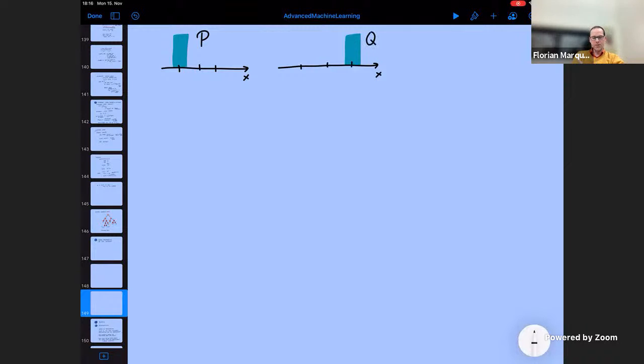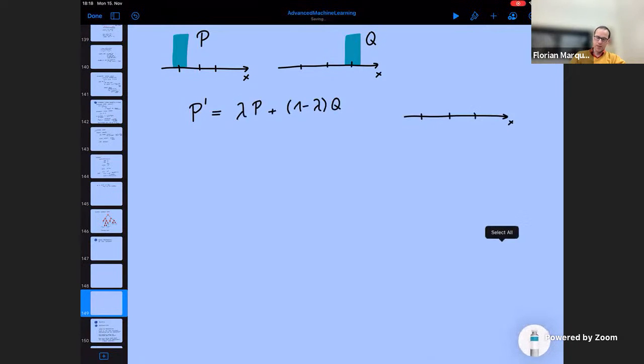And let me then say I have a new random variable which is distributed according to some mixture of these two. So what I mean is I have a new probability distribution, let me call it P prime, which is lambda times P plus 1 minus lambda times Q. And of course, the way this looks like, I can plot here. I just have a weighted superposition.